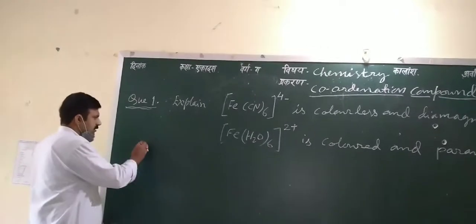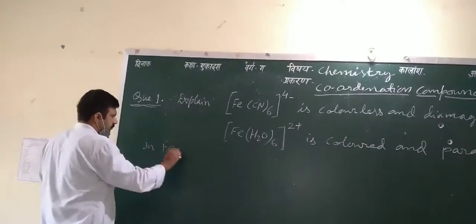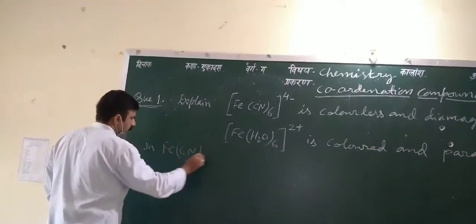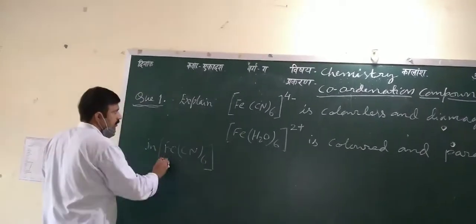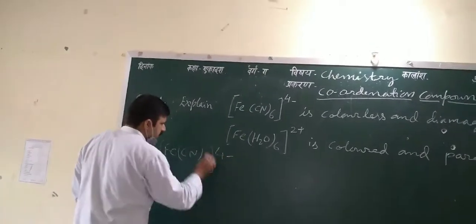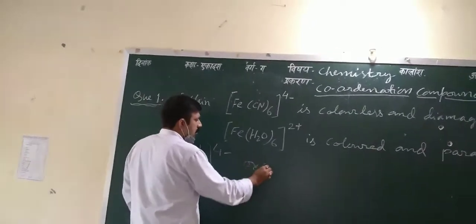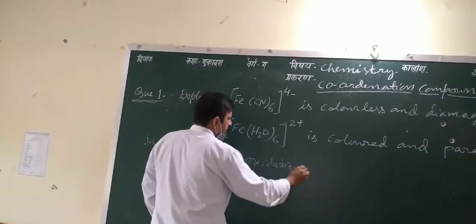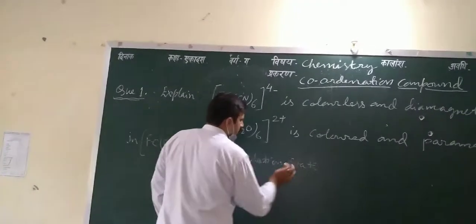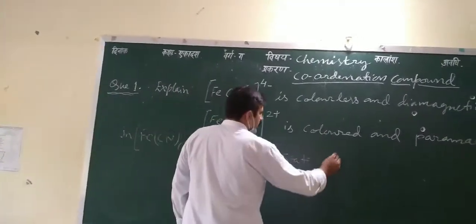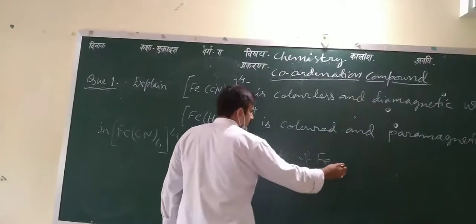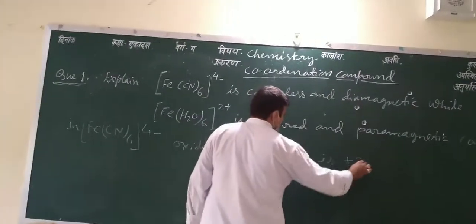In [Fe(CN)6]4-, the oxidation state of iron is +2.